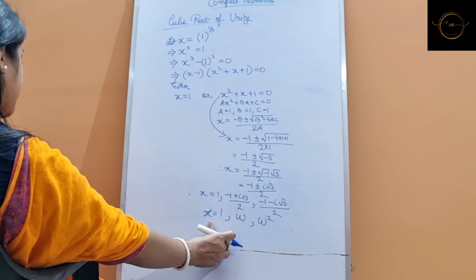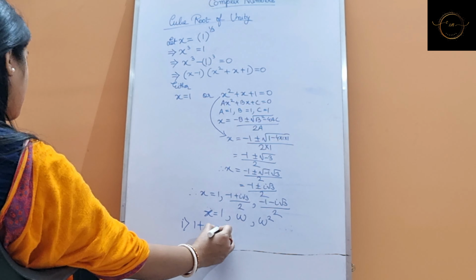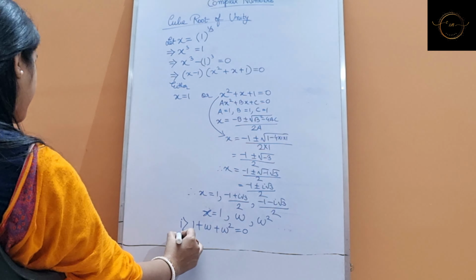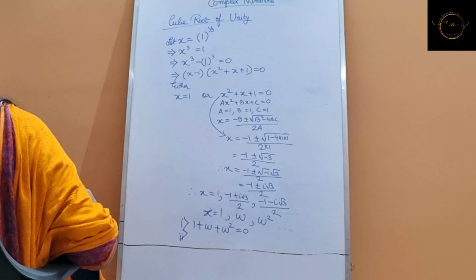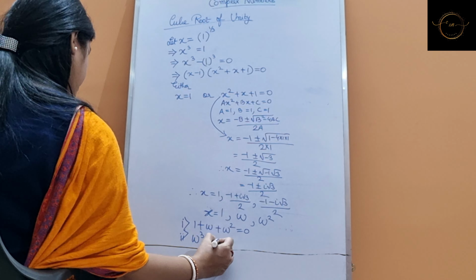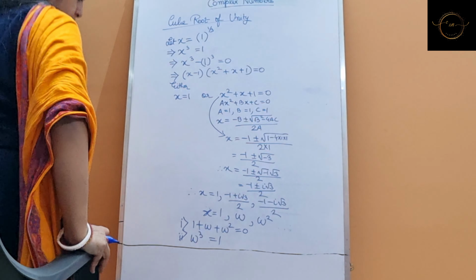There are 2 relations in this case. Relation 1 is 1 plus omega plus omega square is equal to 0. And the second relation is omega cube is equal to 1.